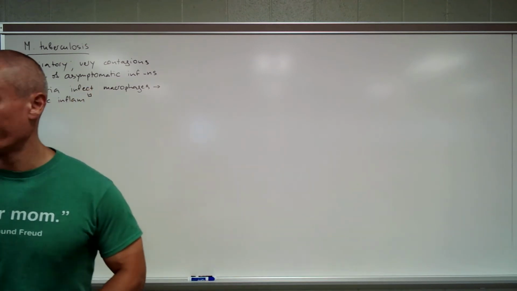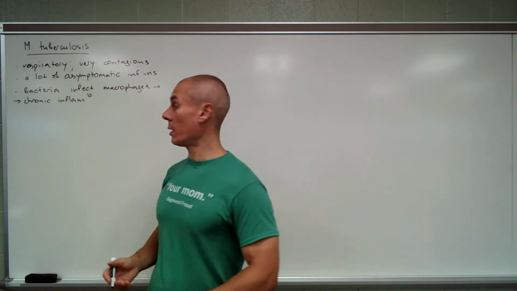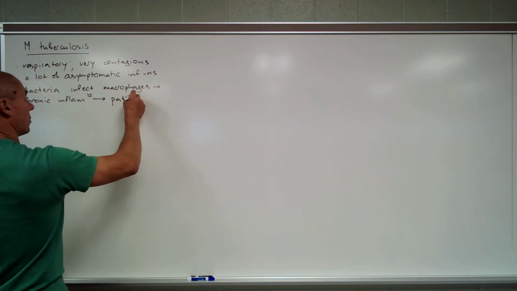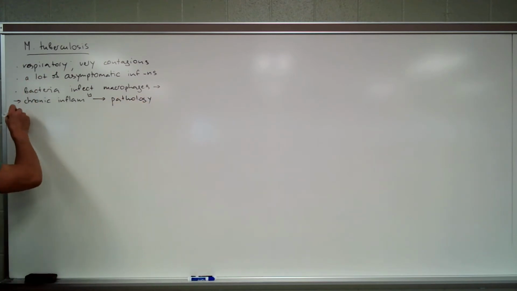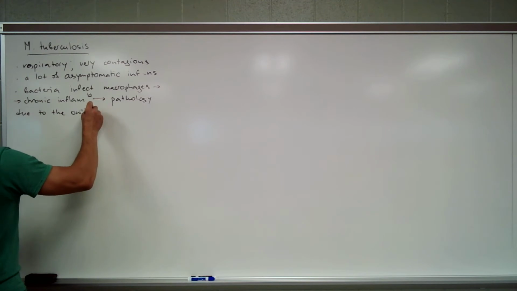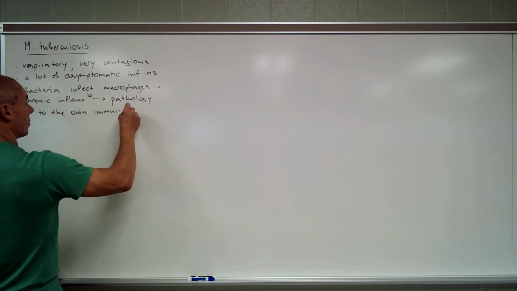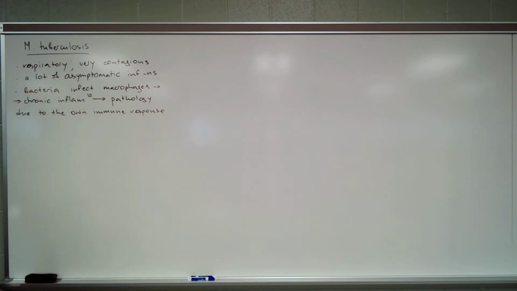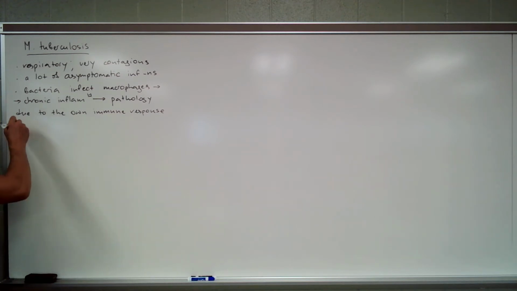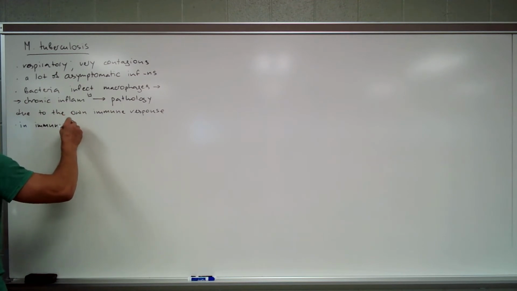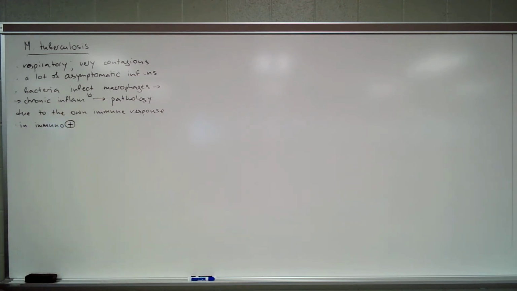Your immune system tries to get rid of those infected macrophages, which results in the pathology due to your own immune response, mostly. Okay? Now, in otherwise healthy adults, so I'm going to put in immunocompetent people, okay?